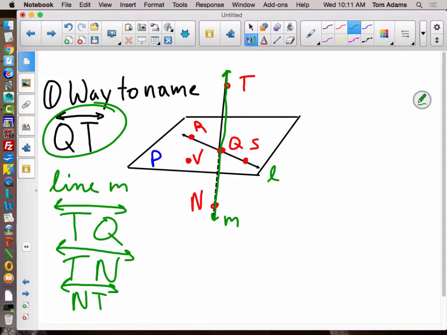Okay. All right, let's do another example. Oh, wow. This is a good one. How do we name, or what are other ways to name, the plane P?